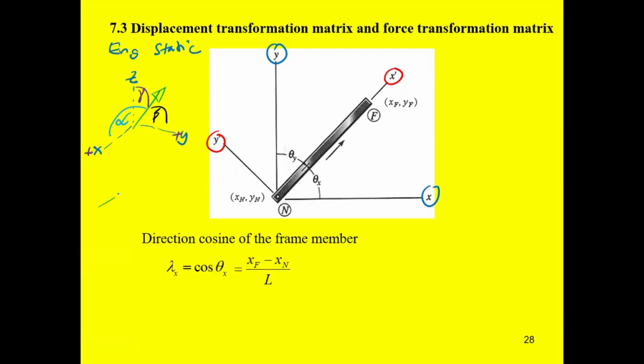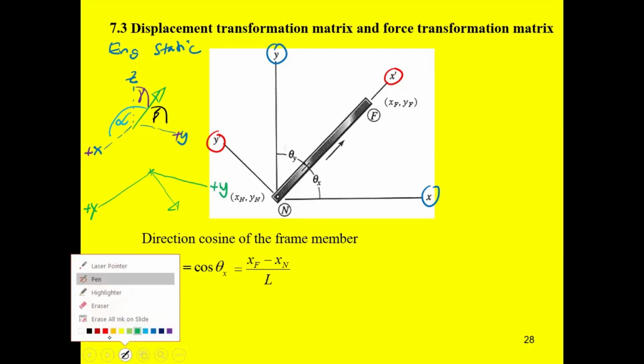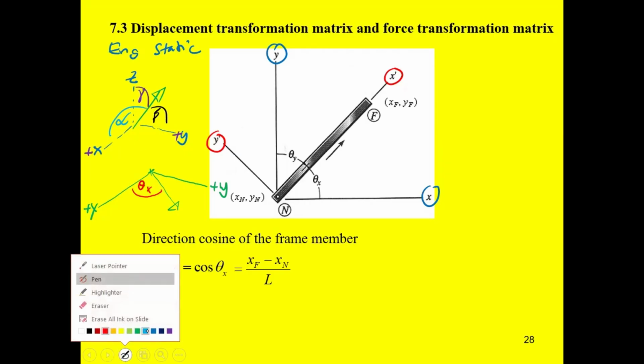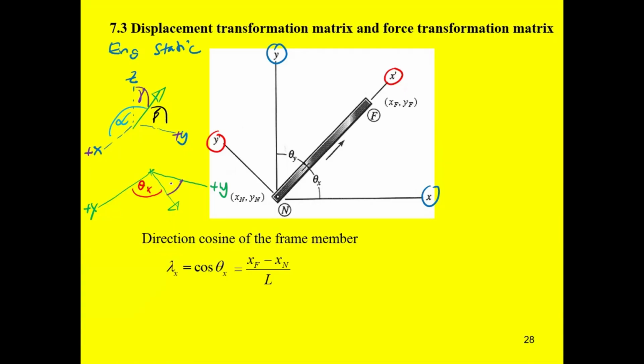So, if Ajahn makes it more simple, Ajahn only puts this vector in the positive x and positive y, and changes alpha to zeta sub x, and beta to zeta sub y.